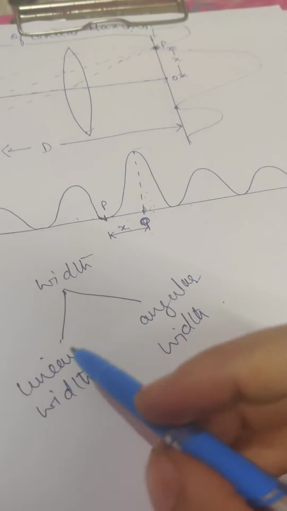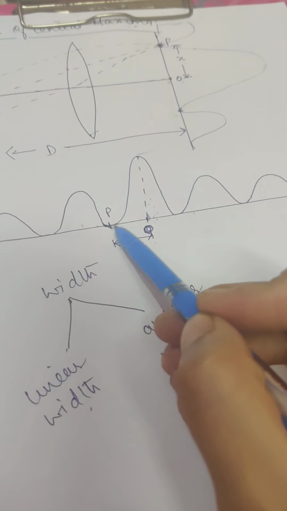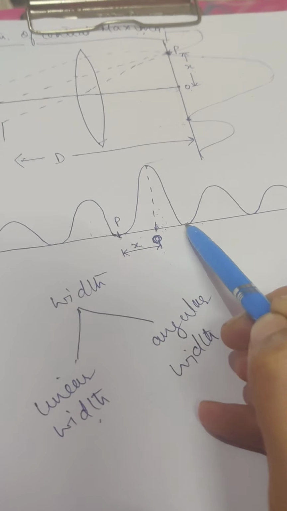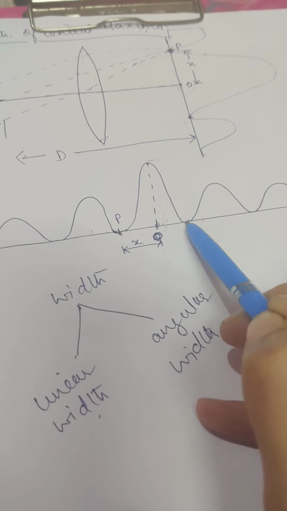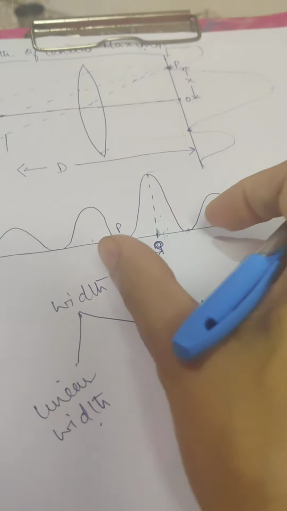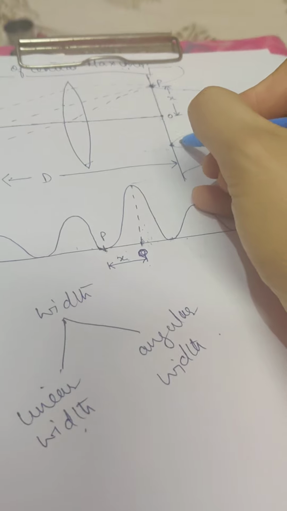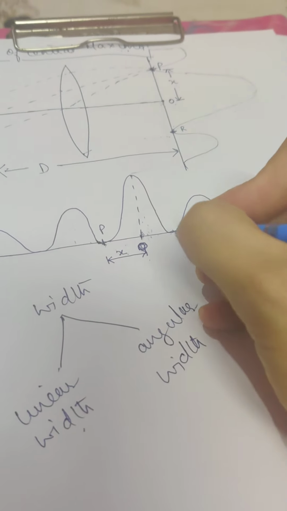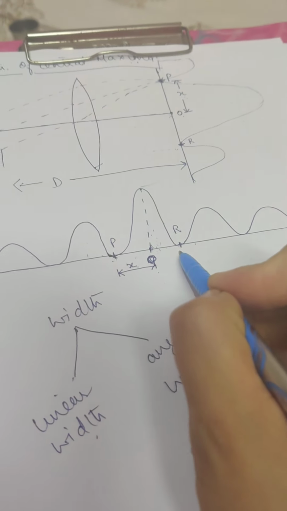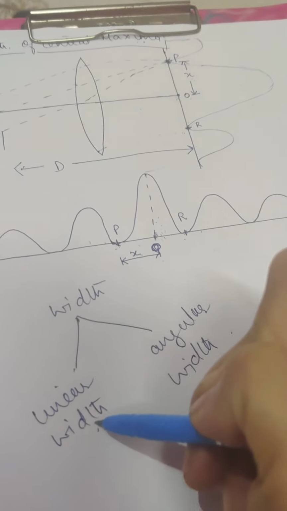Now see beta, the linear width is the distance between the first secondary minima on either side of the central maxima. If I consider this point as R, then the distance from P to R gives me the width which we call linear width.